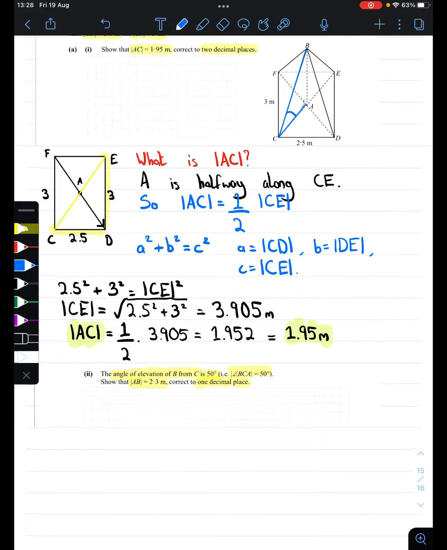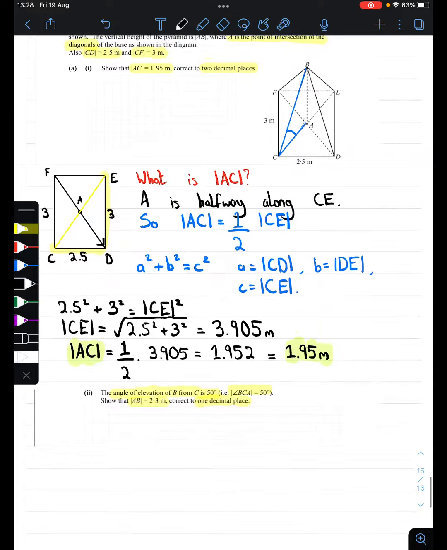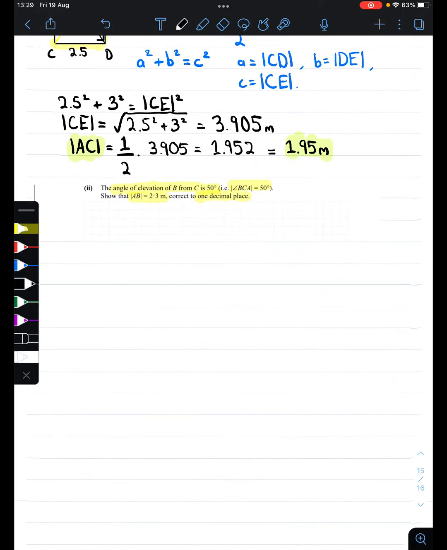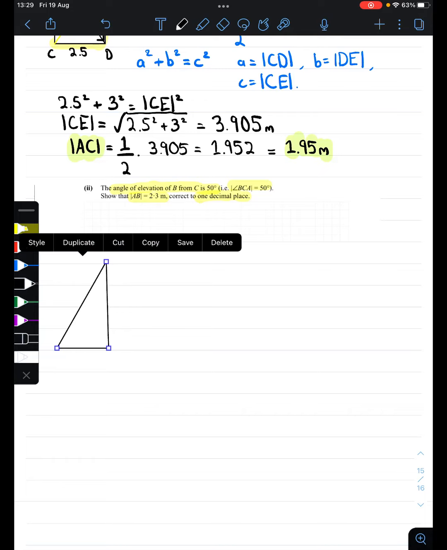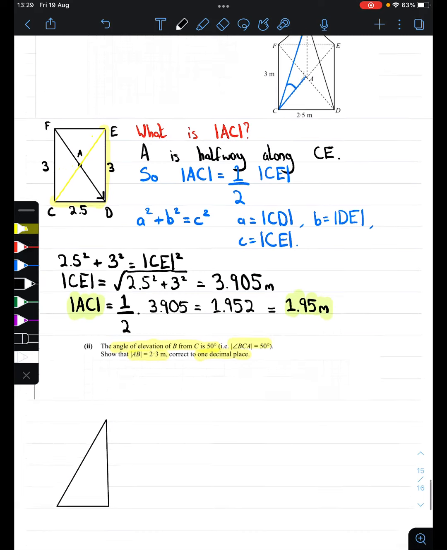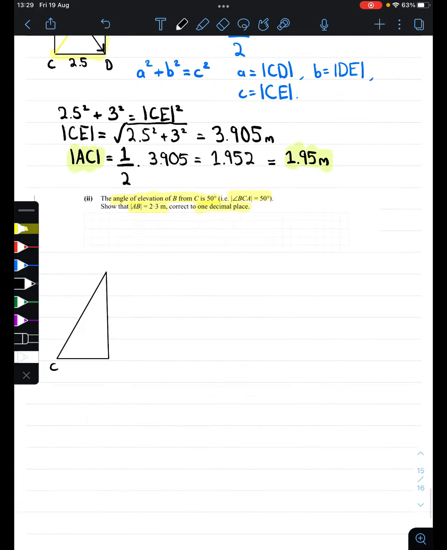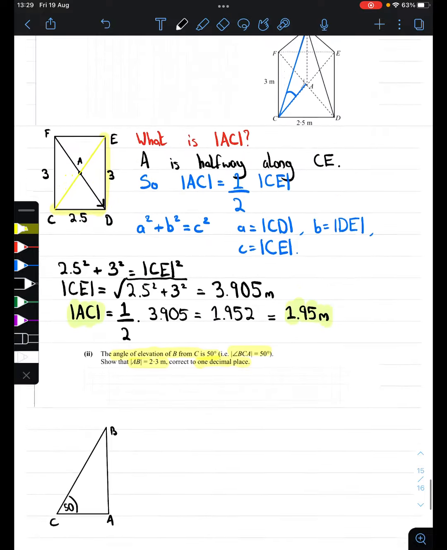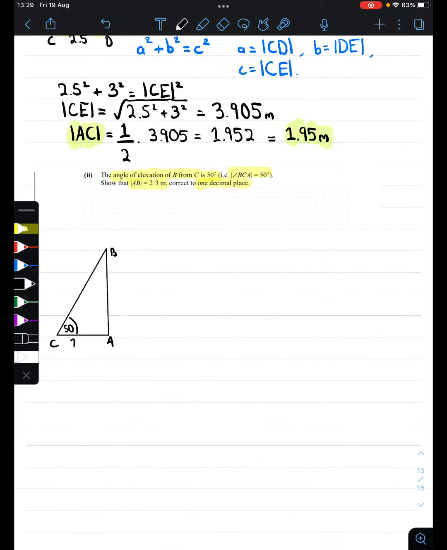Okay, so again, we can simplify this because we're just looking at this triangle. It's the only thing we're looking at here. We're looking at this right angle triangle CAB, where this is 50 degrees, and we know that AC is 1.95 meters.